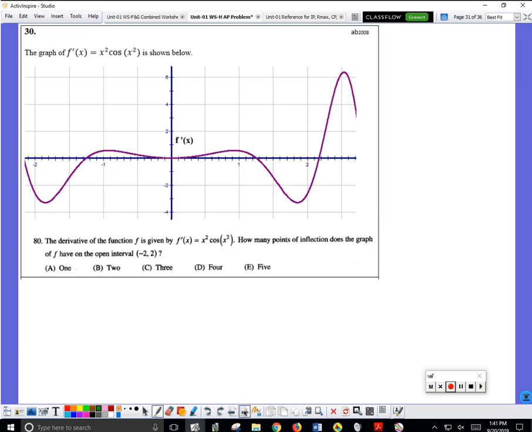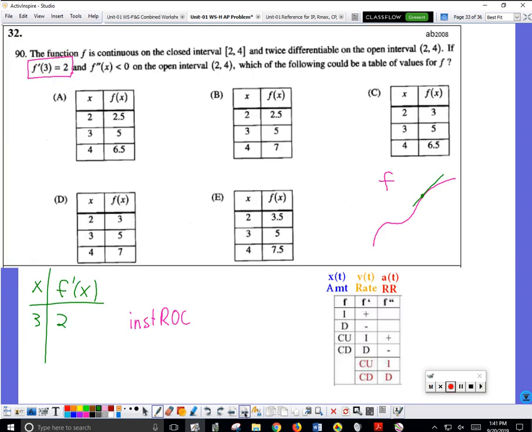Not necessarily f prime, although once f is not differentiable, there will be a missing point on f prime, so f prime will also not be differentiable at that point. Okay, back to here. Any other questions? The whole idea again is to get the concepts, not the problem. Questions to here?